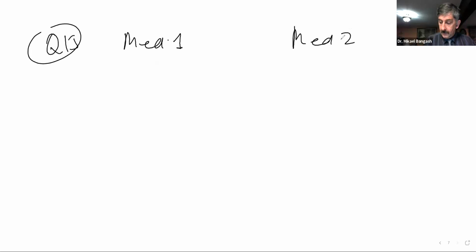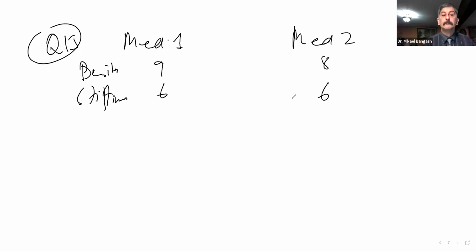Medium 1 has a density of 9 and a stiffness of 6, and medium 2 has a density of 8 and a stiffness of 6. Now what they ask is in which medium is the sound going to travel slower?